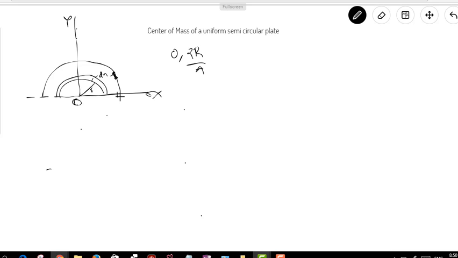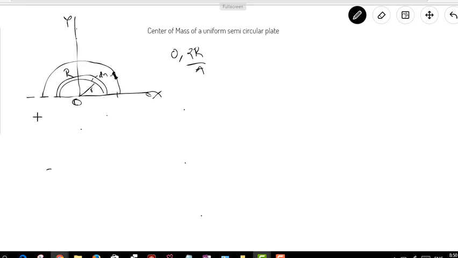And if we integrate this from 0 to capital R, where R is the radius of this uniform circular plate, then we'll be able to cover this full circular plate. So let us first find the mass of this differential element.